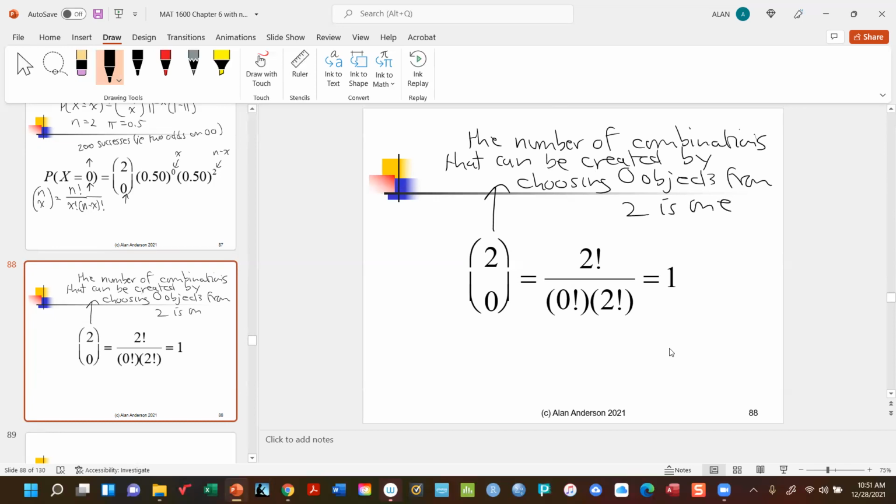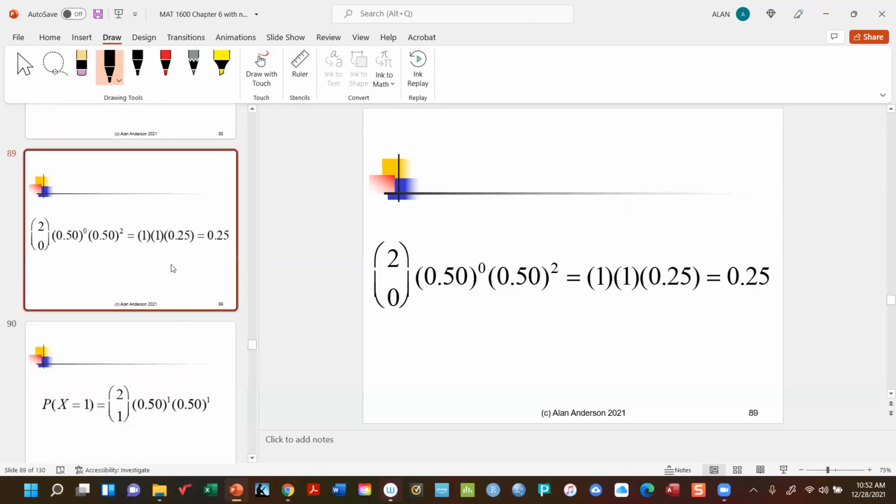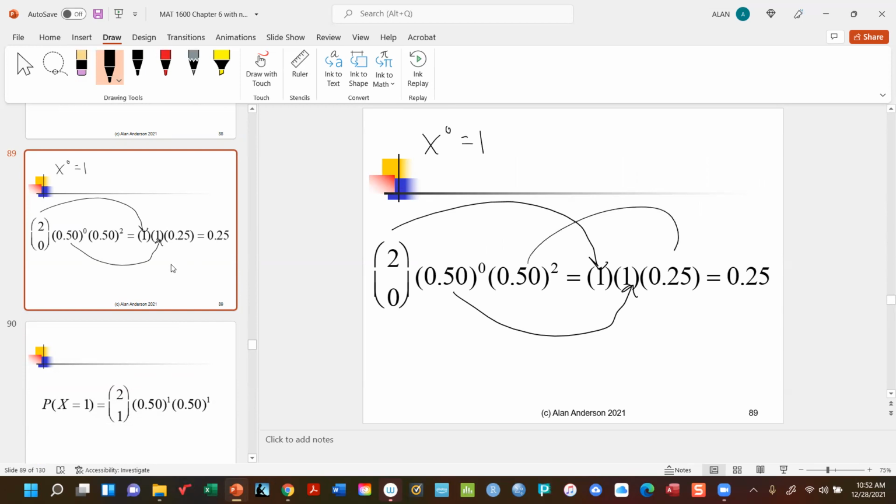Now that sounds like a strange idea, the idea that you're not picking anything. So what we're saying basically is that there's one way of choosing nothing. And so if you plug these into the formula, you get 1 here. The rest of it is pretty straightforward. Now here, 0.5 raised to the 0 power is just 1. Any number raised to the 0 power is just 1. 0.5 squared is 0.25. When you multiply these together, there you go, 0.25.